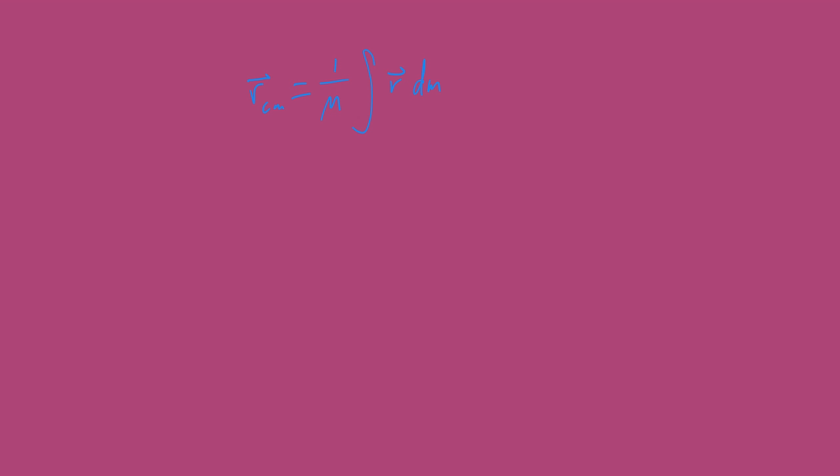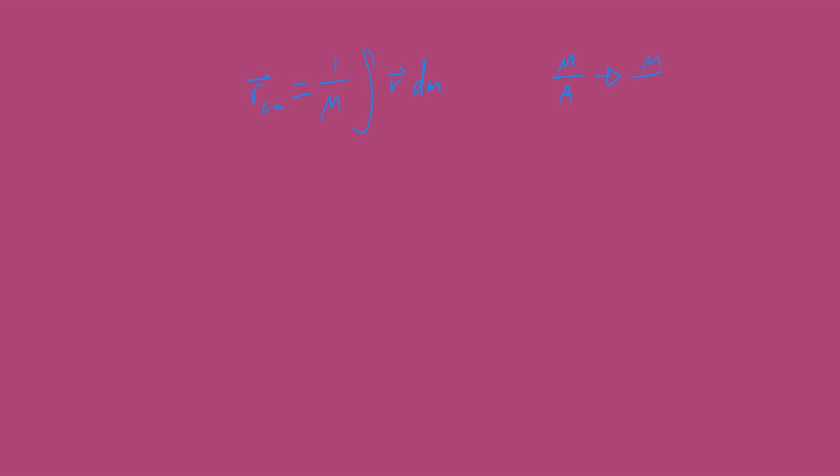Okay? But if we integrate, we're just going to get R and M, mass times radius. Well, this isn't always true, right? The density is going to have to be taken into account. So density is the amount of mass over the area that it's in, or that's in 2 dimensions.